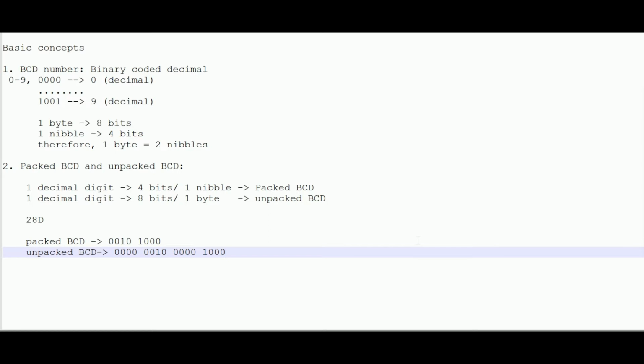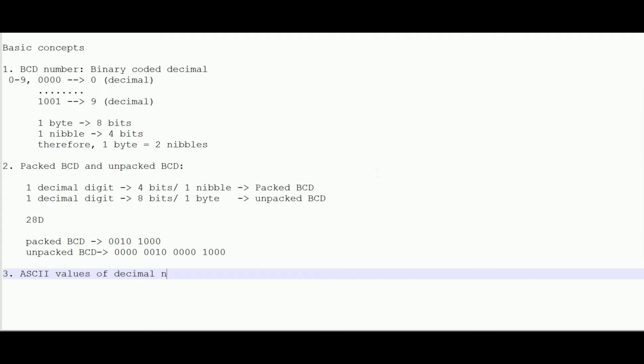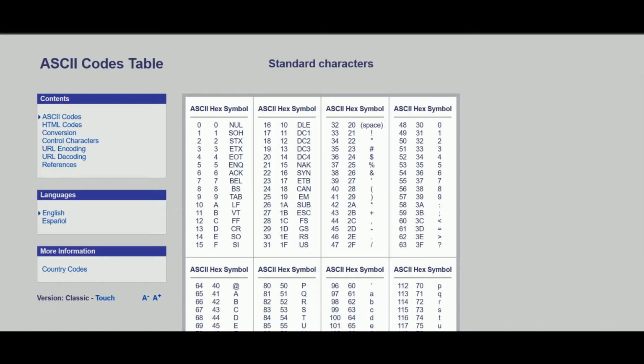Coming to the third point, ASCII values of decimal numbers. For this, let me go to this chart. This is a website, an ASCII code table. The link of this website will be shared in the description. If you come to the right hand most side, you see the symbols 0, 1, 2, 3, 4, 5, 6, 7, 8, 9.